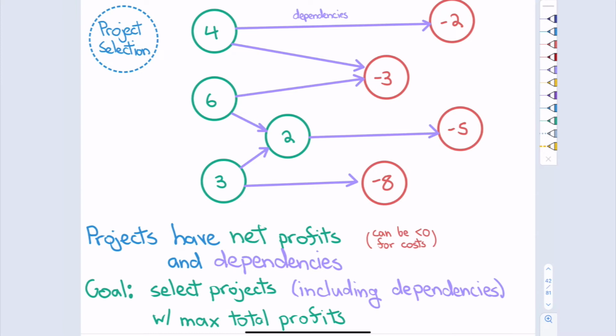But what makes this problem interesting is that we assume precedence constraints. If I want to take on the $4 project in the top left, I first have to do the -2 and the -3 projects that it points to. I'm going to assume these dependencies are acyclic.